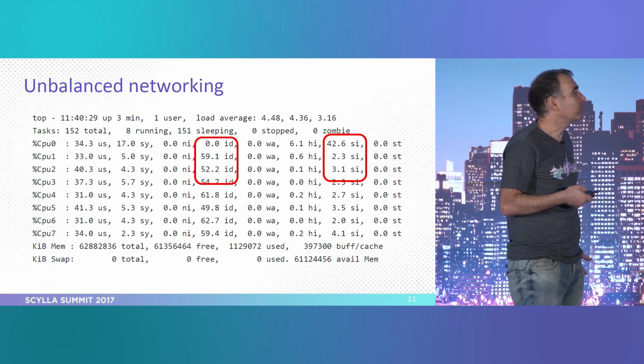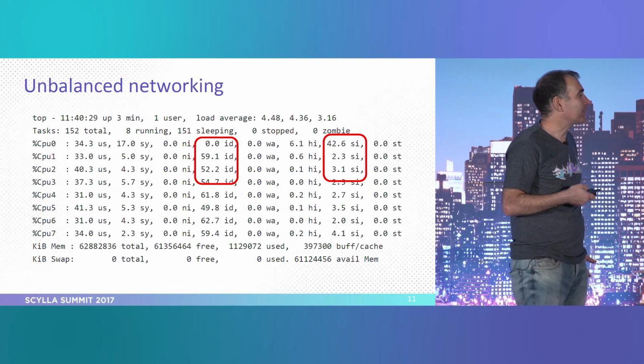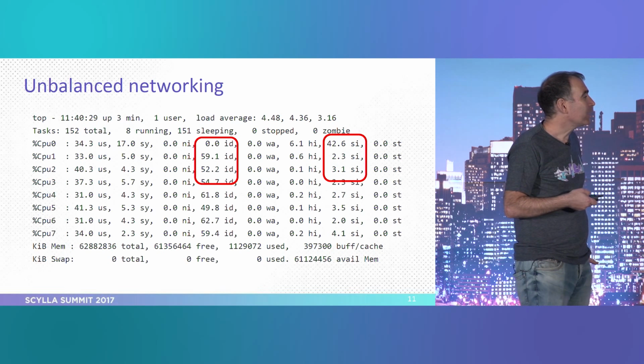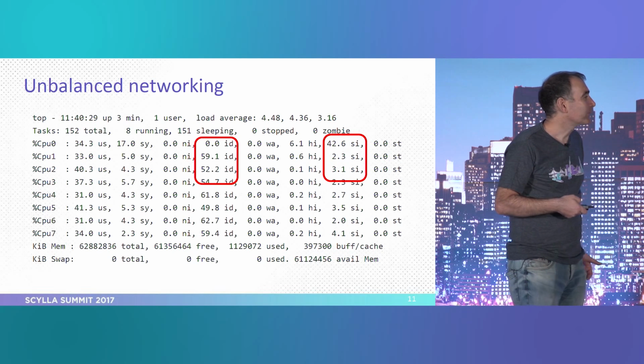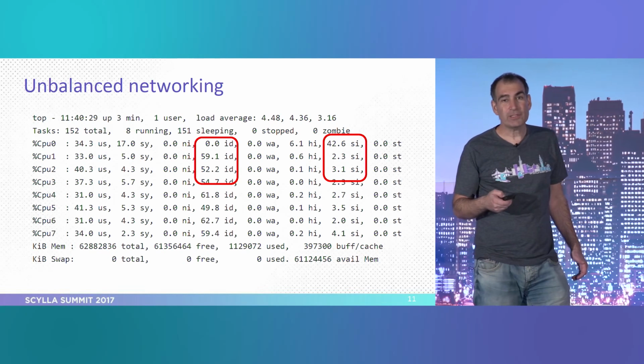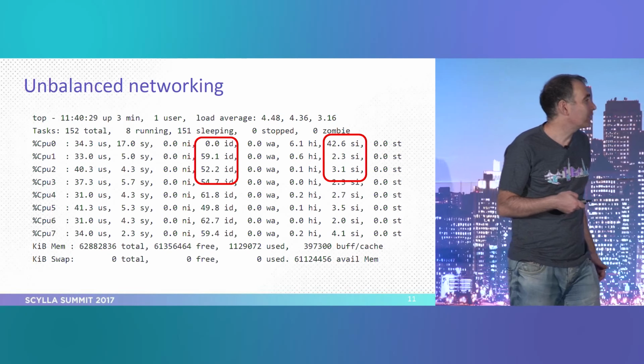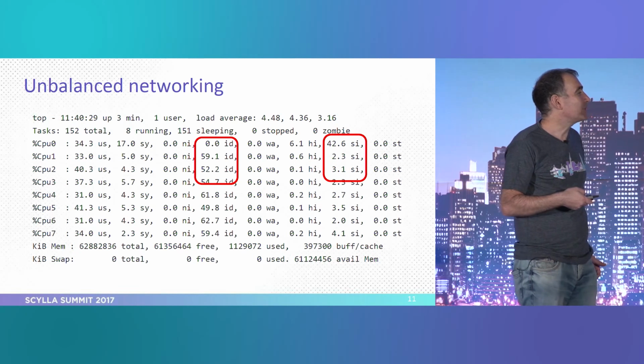So now you start to look at why that particular core is so busy. You scan it, and you see that it's doing more system time than the rest of the cores. In particular, the SI column, which stands for software interrupt, is very high, and that is usually the case when you're doing a lot of TCP/IP processing.